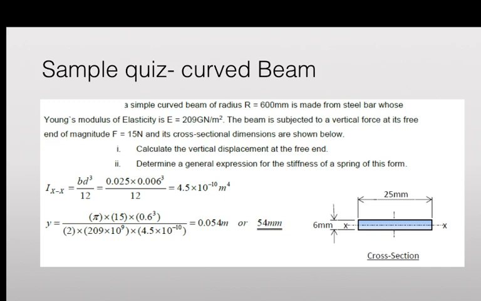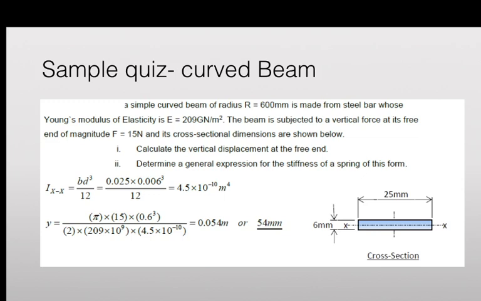So you can get the moment of inertia as b d cubed divided by 12, which equals 0.025 into 0.006 to the power of 3 divided by 12, and you will get 4.5 into 10 to the power of minus 10.